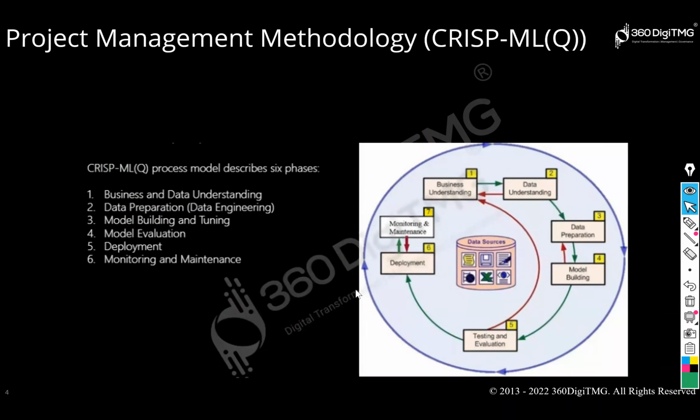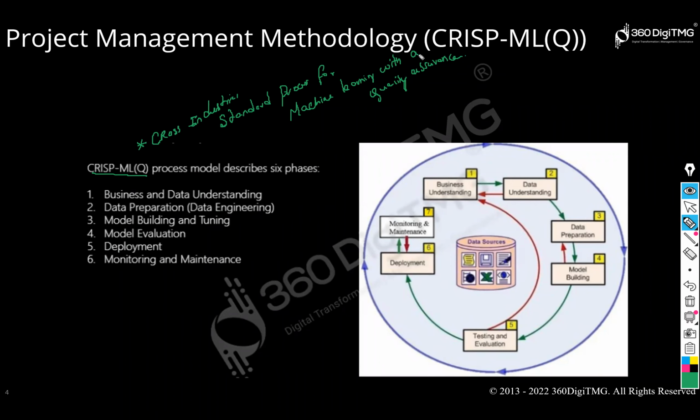So here we know that CRISP-ML(Q) stands for Cross Industry Standard Process for Machine Learning with Quality Assurance.